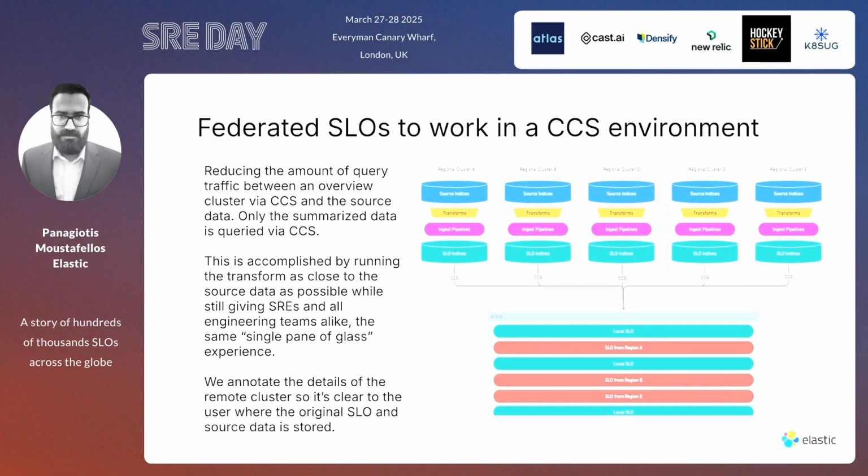The basic principle of this idea is that we should move the extraction phase and transform phase computation closer to the source data, so closer to those remote clusters in the world, and give access through our main single pane of glass just to the summarization information. SREs and developers can view all of our SLOs in one single pane of glass, in one source, and then can also click through and go to the destination cluster if they want to do some deeper analysis on the raw data.